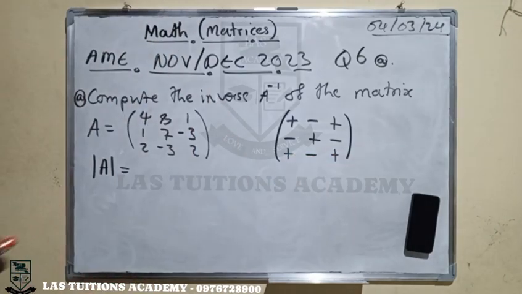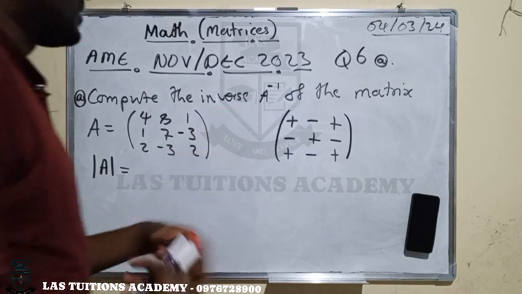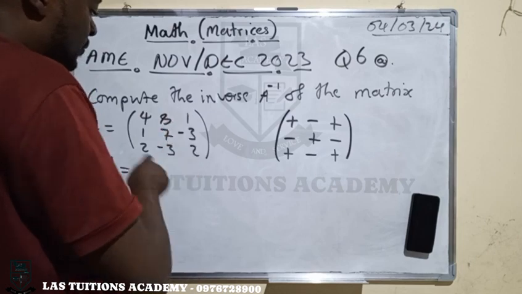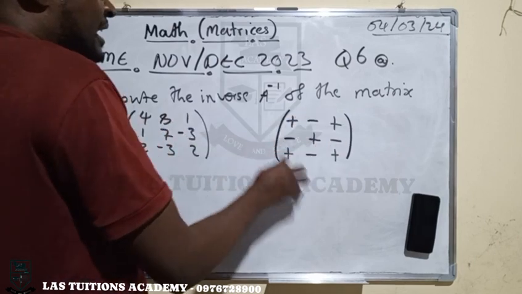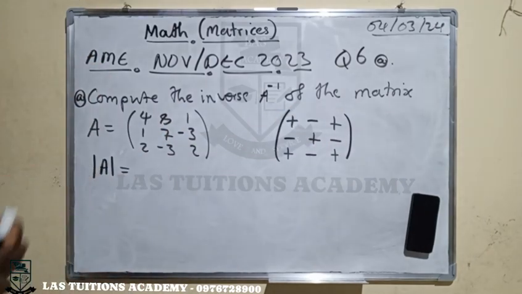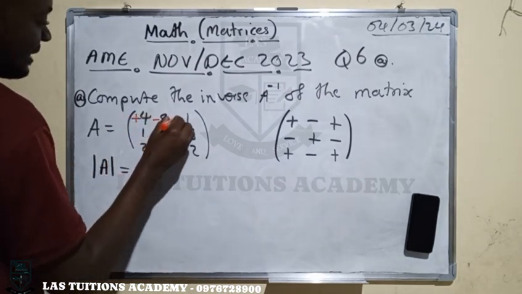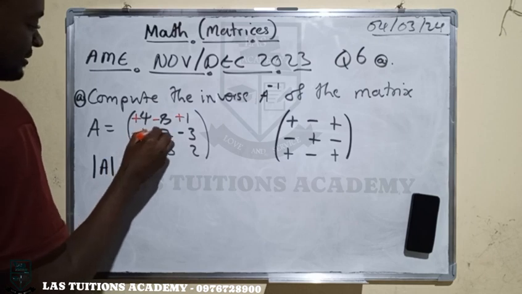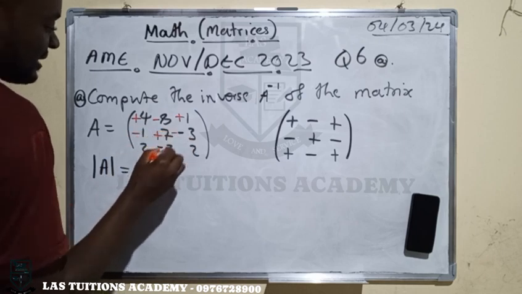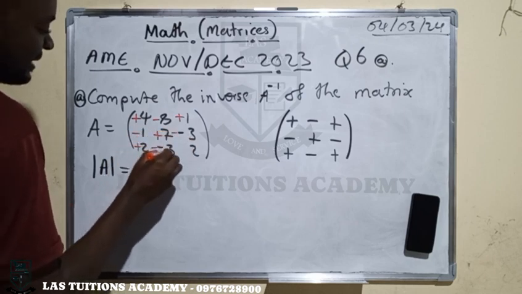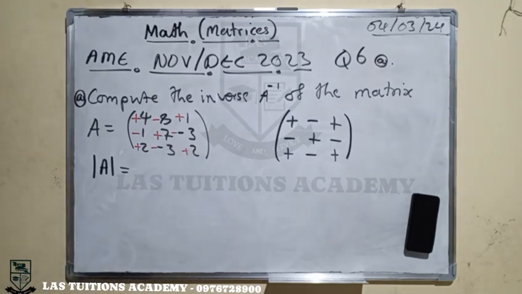Those are what we call position signs. They may be called differently, but let's use position signs. So each position, for every number here, has got a sign allocated to it. So this is plus, this is minus, this is plus, this is minus, this is plus, minus, plus, minus, plus.